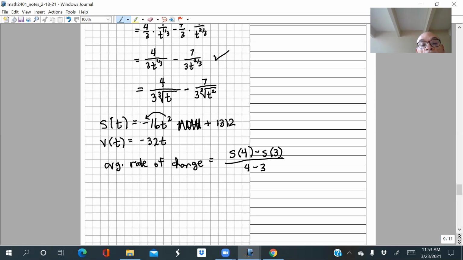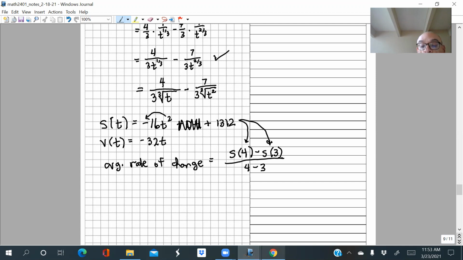So if you can calculate S of 4 using this formula, and then also calculate S of 3 using this formula, and then just plug that into your average rate of change quotient, you can figure out what this average velocity is. I'm not going to actually calculate this, but you can fill them in pretty easily and do this arithmetic, right?